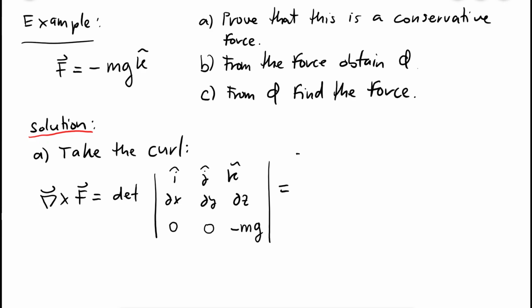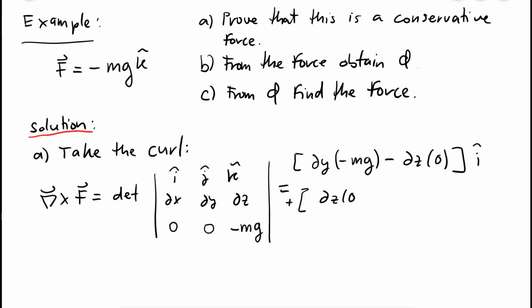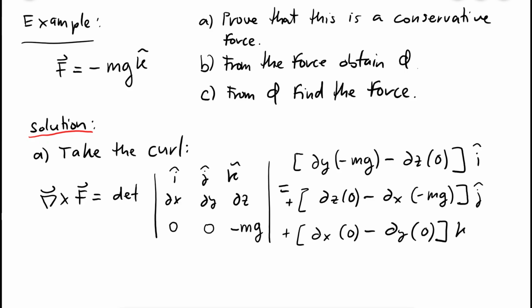And so let's take a look at this. This is the partial derivative with respect to y of minus mg minus the partial derivative with respect to z of 0 in the i direction, plus then comes the partial derivative, to be consistent, with respect to z of 0 minus the partial derivative with respect to x of minus mg in the j direction, plus the partial derivative with respect to x of 0 minus the partial derivative with respect to y of 0 in the k direction, right?